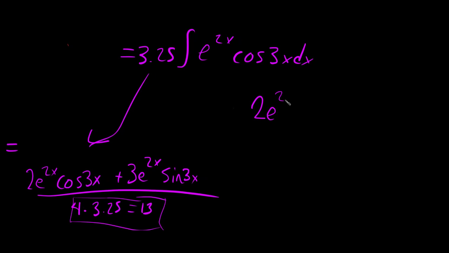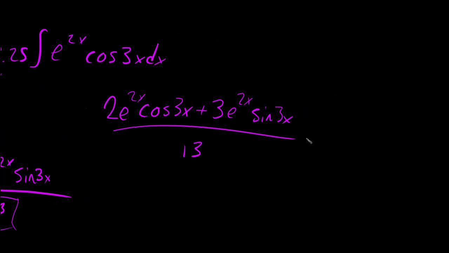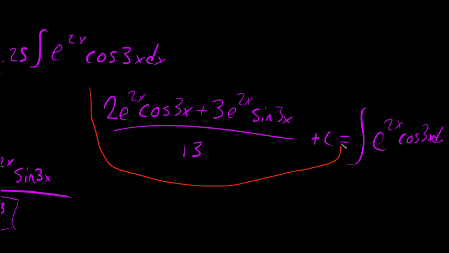So 2e to the 2x cosine 3x plus 3e to the 2x sine 3x over 13 is equal to, don't forget your plus c, is equal to your integral of e to the 2x cosine 3x dx. This in red is your answer.